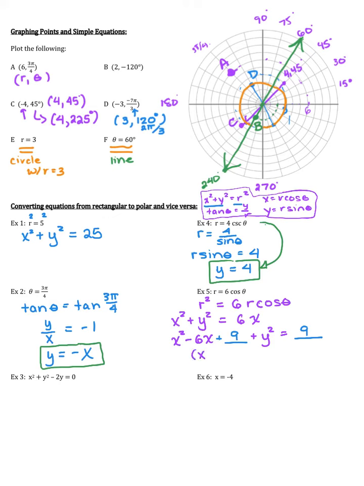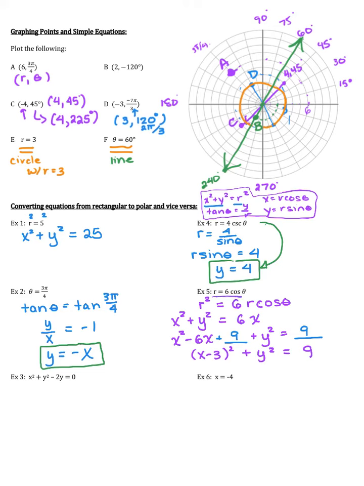And this gives me x minus 3 squared plus y squared equals 9. So notice you have the equation of a circle that has been translated. The center is at 3, 0. It's still off of the x-axis, and that is equivalent to r equals 6 cosine theta.